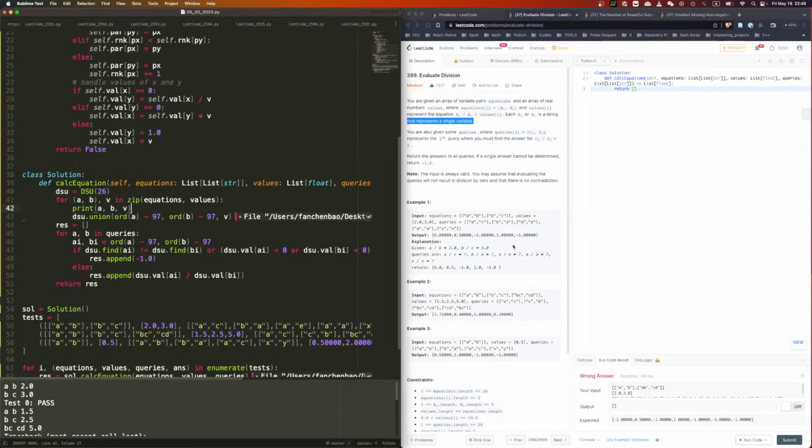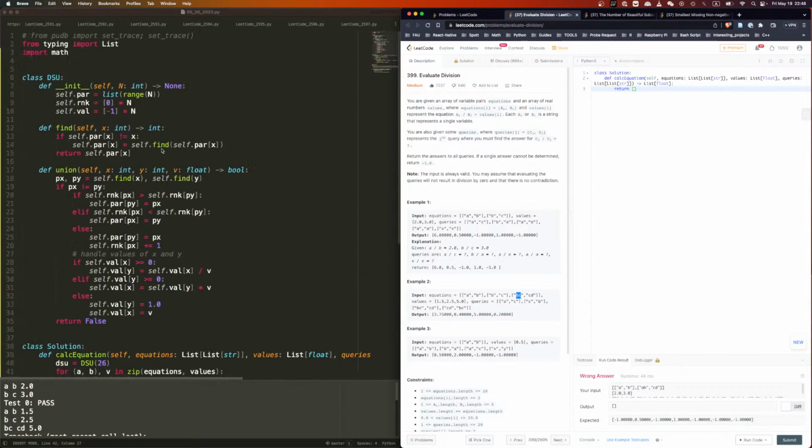Okay, so now we just need to figure out a way to represent these two with a value. Why bother? We just change this to a dictionary. Everybody's parent is itself.